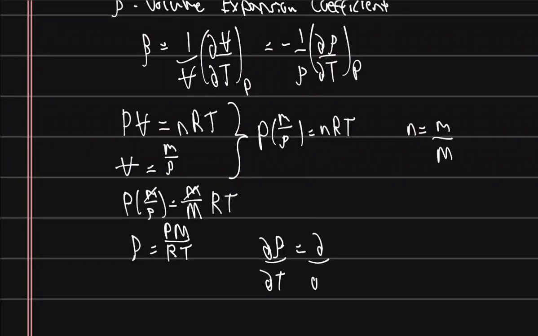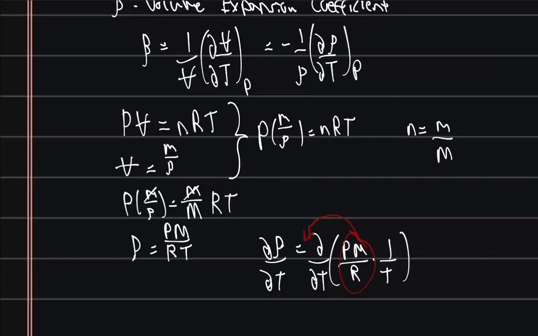So that's d/dT of this density equation here. So pressure, mass, R. And I'm going to break it apart like this, just so we can easily see what's happening here. So all of this is a constant. We can pull that out front.